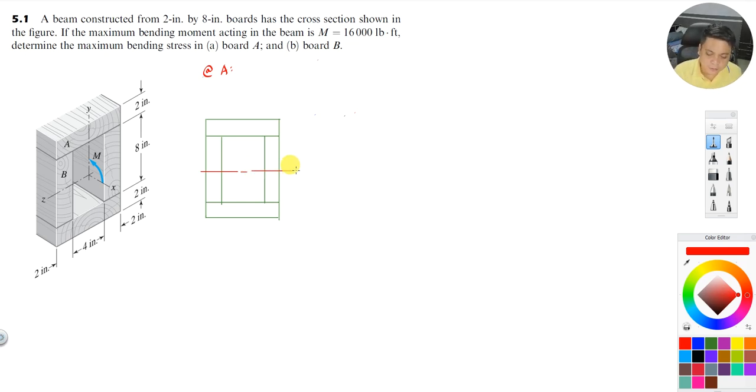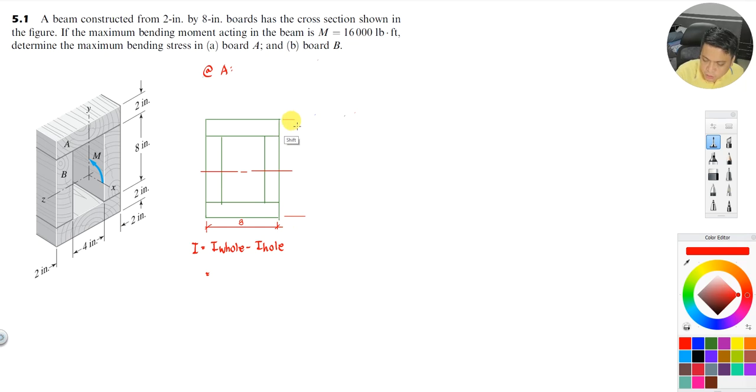Now, yung bending at point A, kunin muna natin yung I. So, para makuha ko yung I, I can have it as the I ng whole minus I ng hole. So, for the whole, ang dimension niya, again, is around ilan yan? 4 plus 2 plus 2, so you can have it as 8.